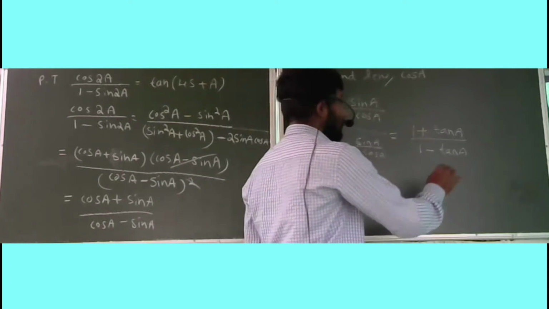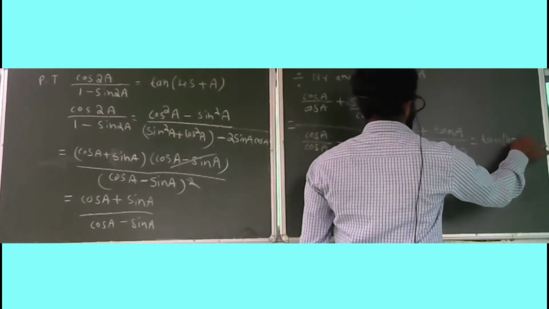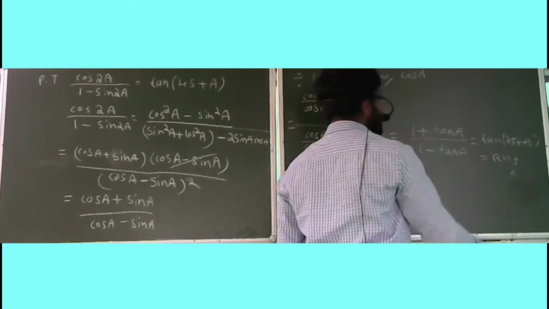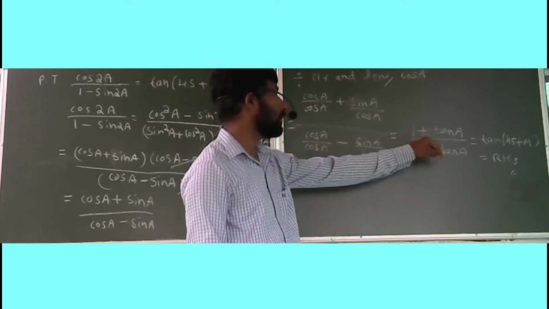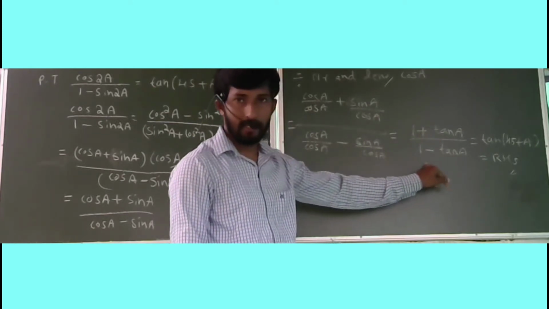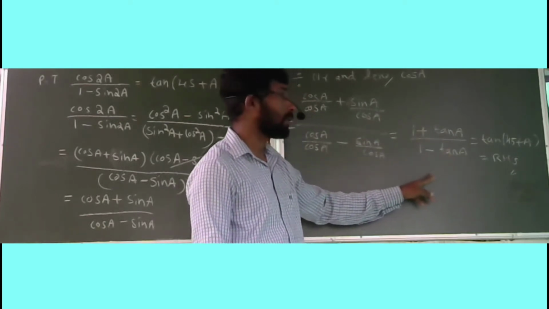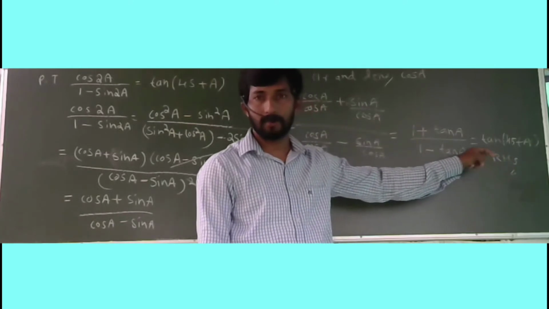This is nothing but tan of 45 degrees plus a. This is nothing but RHS of the given problem. Clear? By simplifying, you will get only 1 plus tan a by 1 minus tan a. Then apply the formula. 1 plus tan a divided by 1 minus tan a is nothing but tan of 45 degrees plus a. Clear? See the next question.